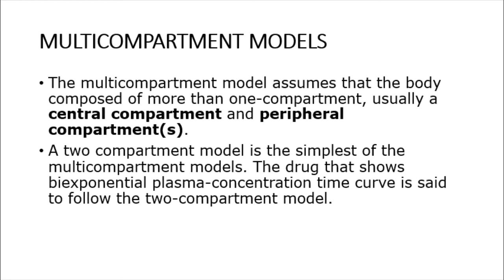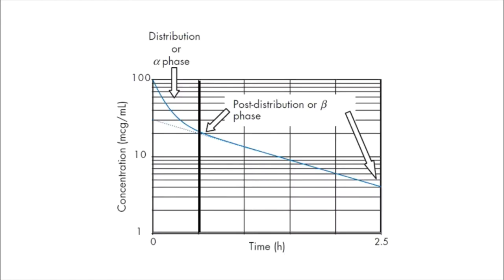When we say bi-exponential, it means it has more than one straight line through the plasma concentration time curve. Here, for this drug, it has around two straight lines, this one for the distribution phase and this one for the elimination phase. So this plasma concentration time curve is called bi-exponential, which is representative of the two compartment model rather than the one compartment.